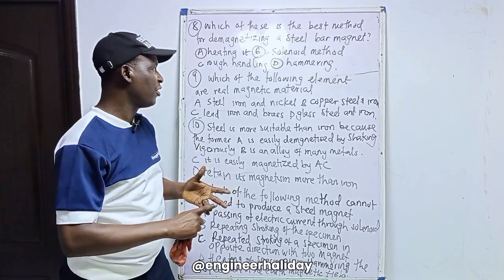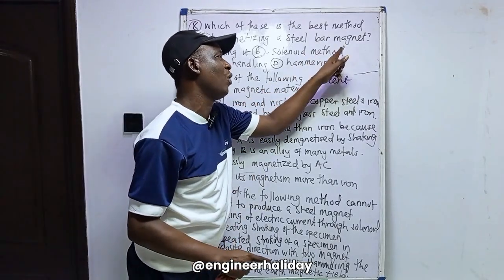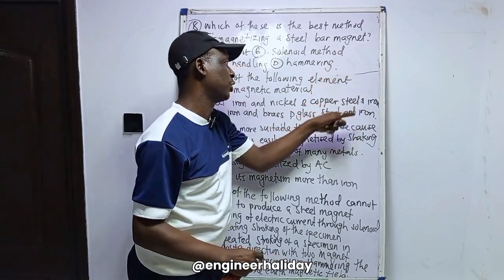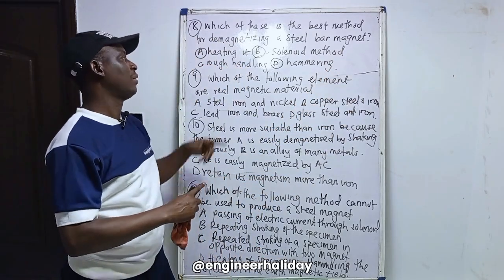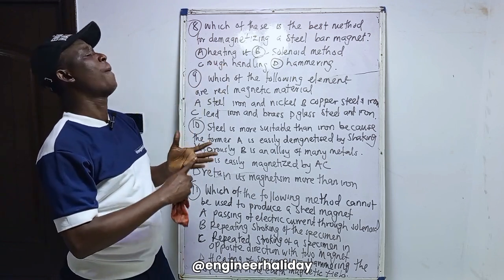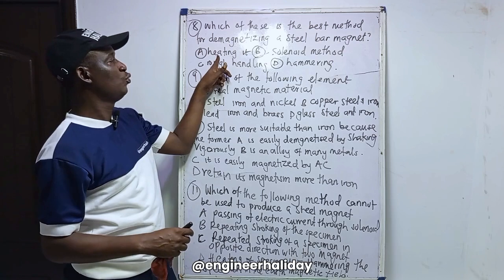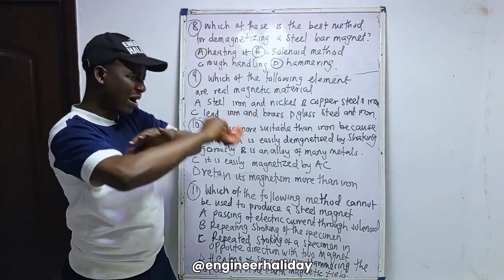You can use the heating method, you can use hammering, you can use rough handling. Hammering is in the east-west direction. One of the disadvantages of heating is that it completely destroys the magnet, because when you heat, it completely demagnetizes the magnet.